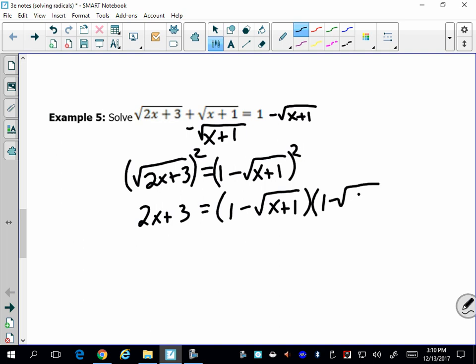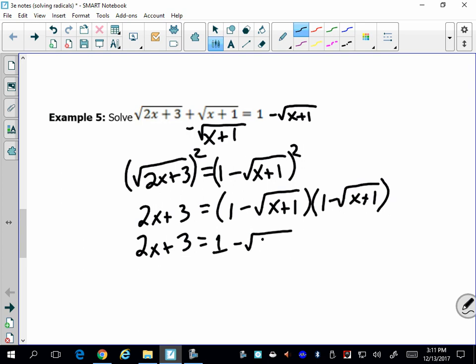That's a minus there. Left side just keeps it the same. I do a lot of rewriting just because it's easier for me. 1 times 1 is 1. 1 times a negative square root of x plus 1 is a negative square root of x plus 1.